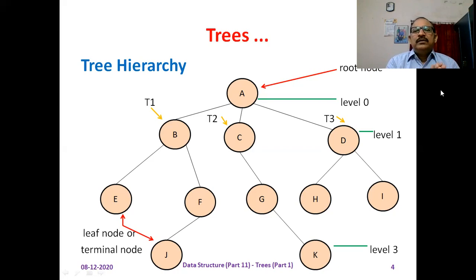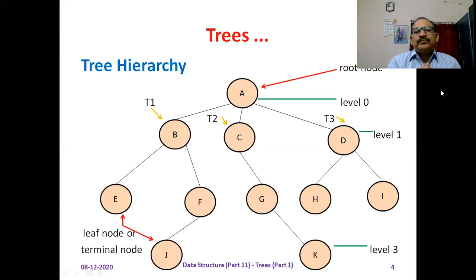Degree can be classified into in degree and out degree. What is the in degree? The number of coming edges to a node is called the in degree. For example, the node K has 1 in degree, since it has only 1 coming edge.